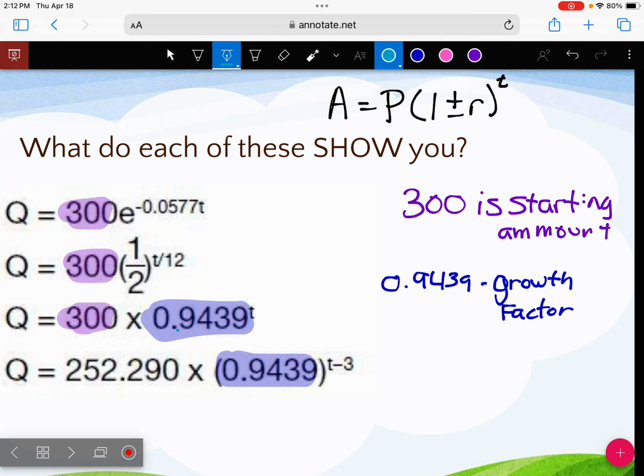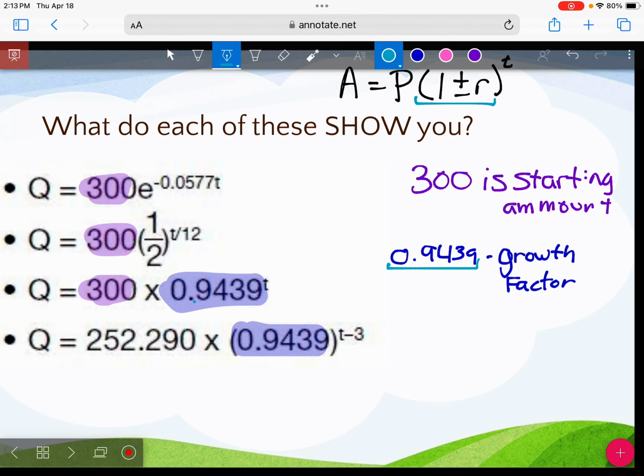Oh, is it the 1 minus? Yes! Because we know that this piece is the same as this piece. So to find our rate, we're going to figure out 1 minus what equals the 0.9439. What is that rate?